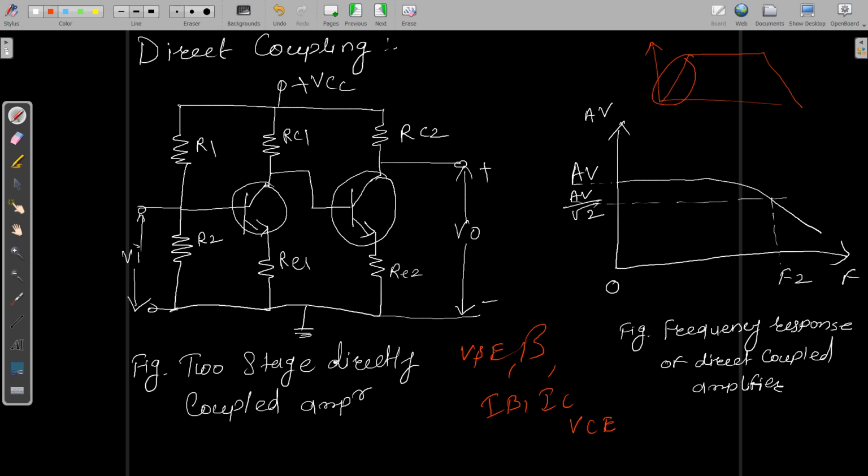Moreover, whatever DC is present at the output of this collector also gets passed to the second transistor stage. That means we can expect drift in the circuit or at the output because of the direct coupling. An unwanted change in the output is called drift, and it is definitely quite a serious problem when you talk about direct coupled amplifiers. So therefore we will not be using direct coupling as such.